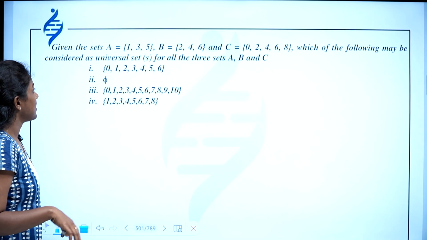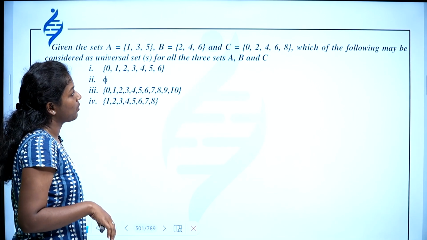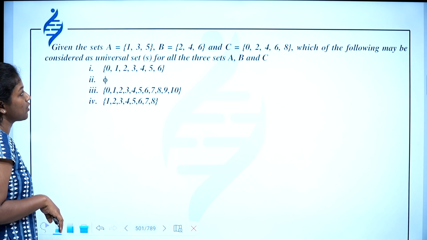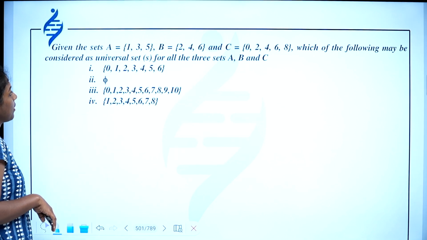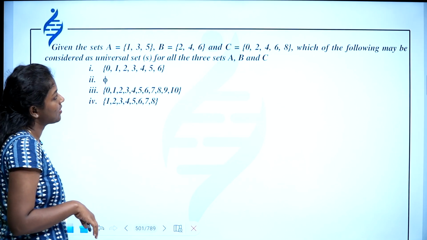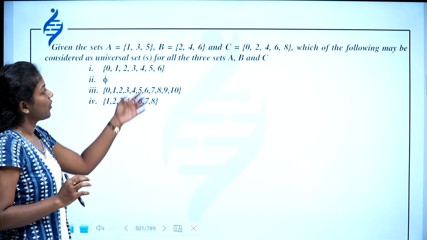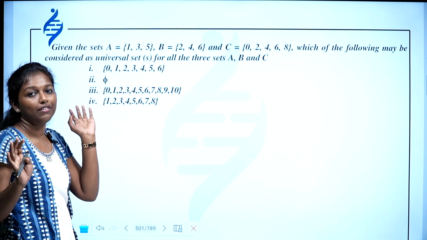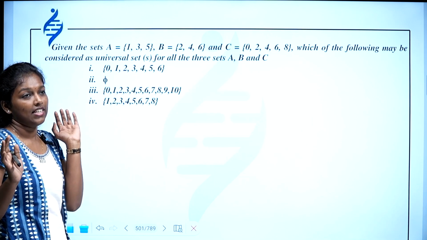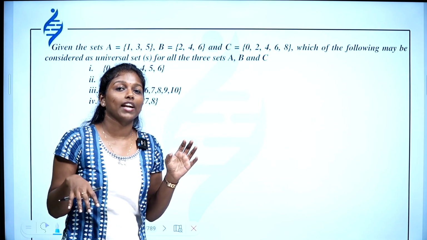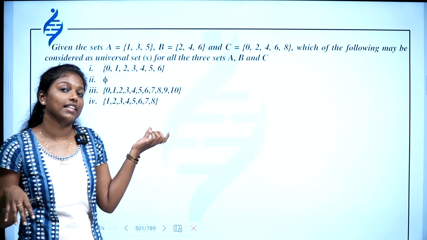Then given the sets A is equal to 1, 3, 5, B is equal to 2, 4, 6 and C is equal to 0, 2, 4, 6, 8. Which of the following may be considered as universal sets for all the three sets A, B and C? So you are given three sets and you have to find the universal set. As I said, while writing universal set, first of all you have to write down all the elements in our given sets.